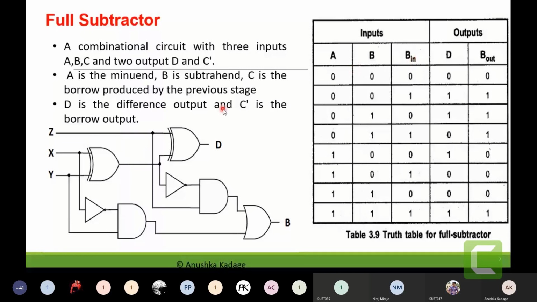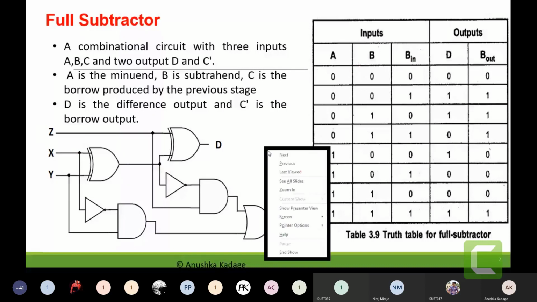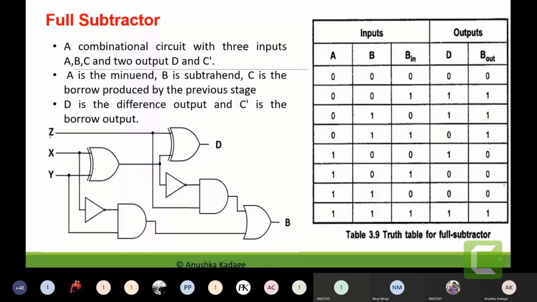Instead of x, y, z, you can do the representation as per the truth table that I will give you here with the marking. So this variable you can consider as A, this as B, and this variable as B in.